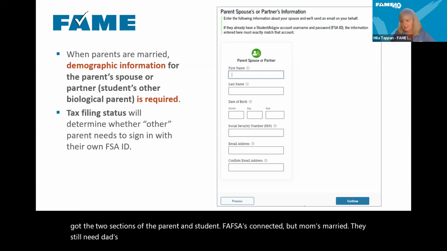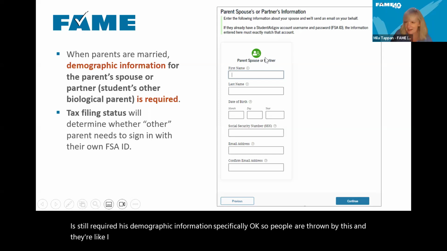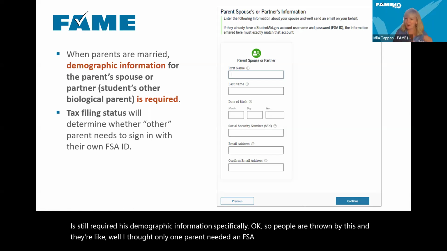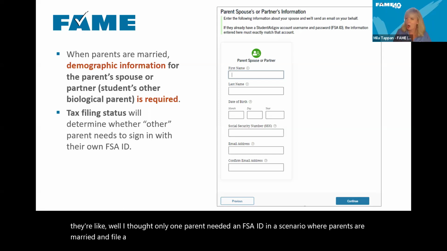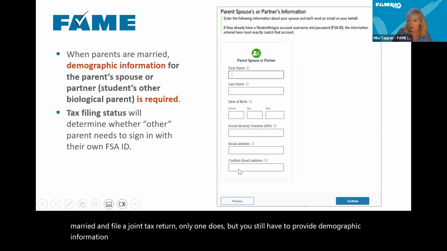Dad does not need to sign in with an FSA ID, but dad's information is still required, his demographic information specifically. People are thrown by this and they're like, well, I thought only one parent needed an FSA ID in a scenario where parents are married and file a joint tax return. Only one does. But you still have to provide demographic information for this other individual.